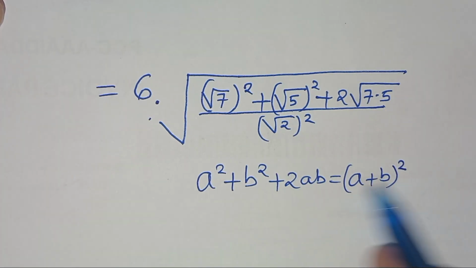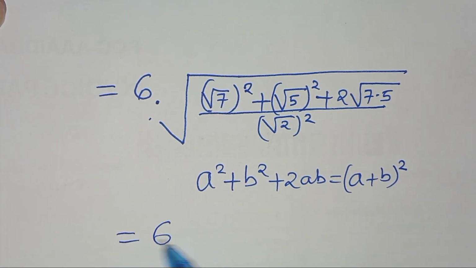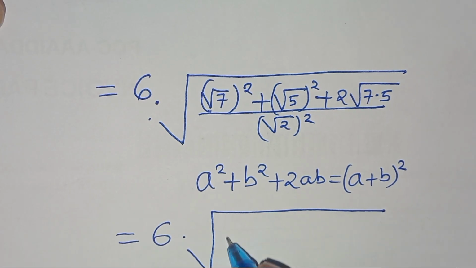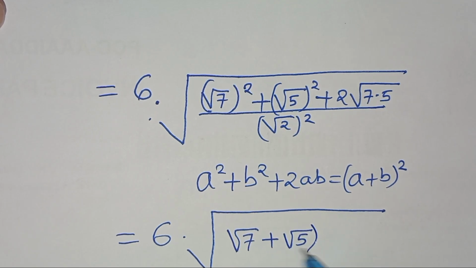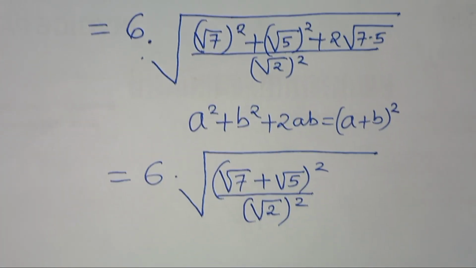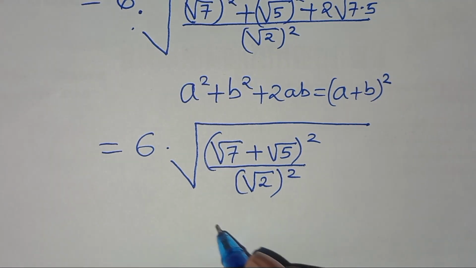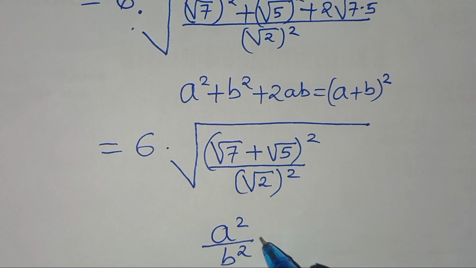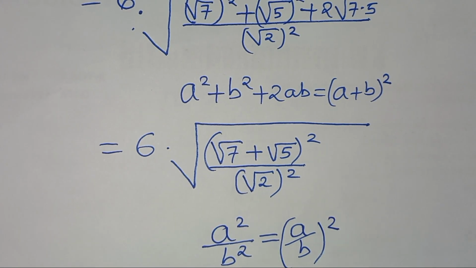So let's apply this algebraic identity so that here we have 6 times square root of, we'll have square root of 7 plus square root of 5 squared divided by square root of 2 squared. The next step from here, if you have a squared divided by b squared, this can be expressed as a over b raised to power 2.